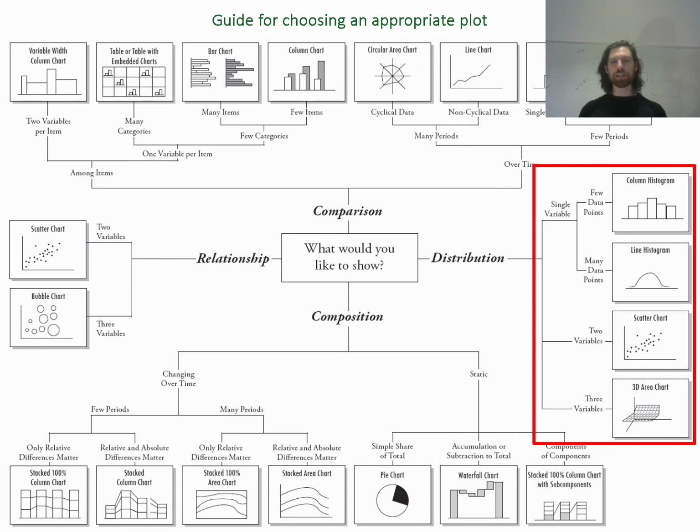A scatter chart. This is so important for you guys to understand. If you have two variables that are both quantitative, for example, then you can plot them against each other to understand the relationship, whether they're positively correlated or negatively correlated. And if you're feeling really brave, you could do a 3D area chart.